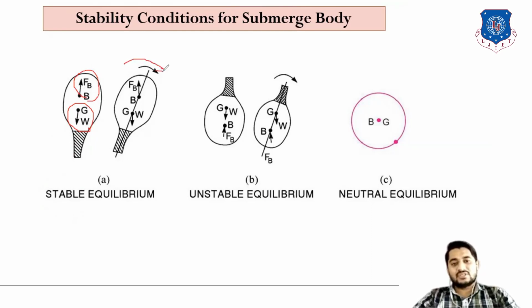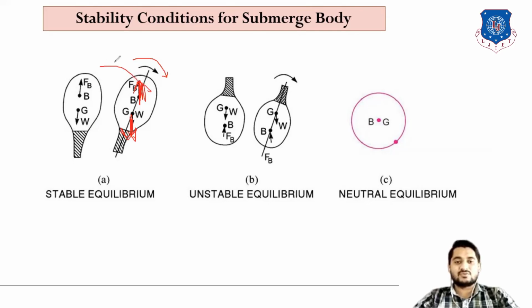If we give a theta degree tilt here, what will occur? The body will tilt by theta degrees, and G and B remain as they are with respect to the body. So G will move to the left-hand side and B to the right-hand side. In the new sketch, after the theta tilt, weight acts downward and FB acts upward. Remember, we have given the theta tilt in the clockwise direction, but inside the body a couple moment is generated in the anti-clockwise direction.